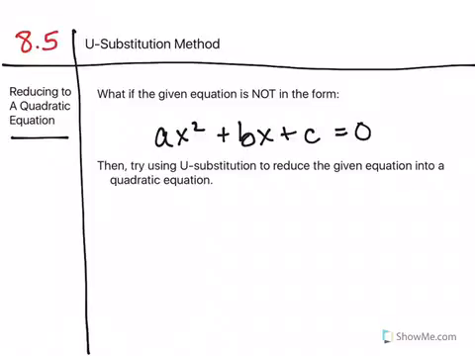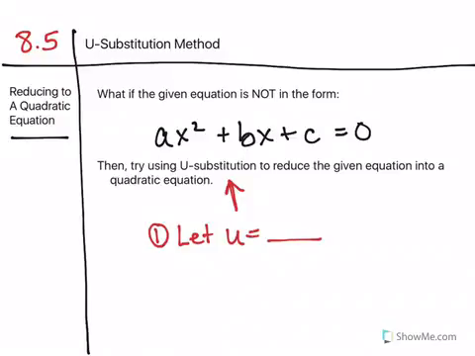When this is the case, we need to try using U-substitution in order to reduce the given equation into a quadratic equation. Whenever we're using U-substitution, we're going to first set u equal to something.